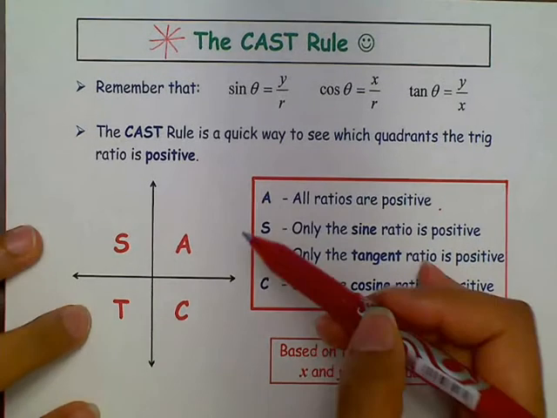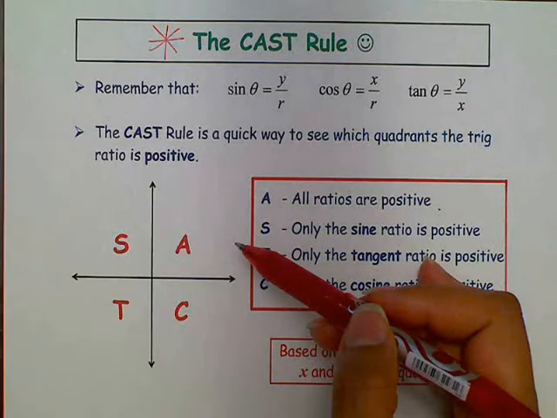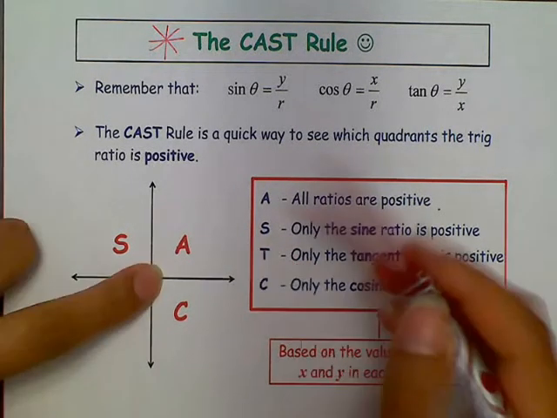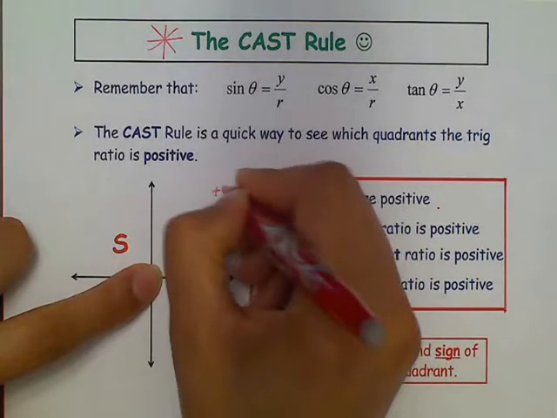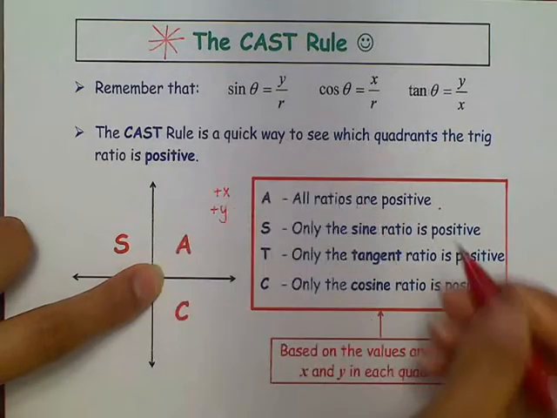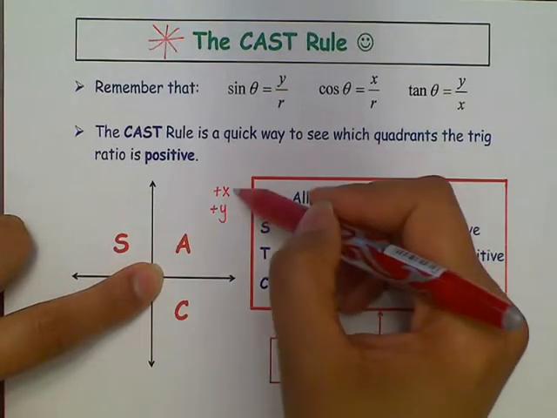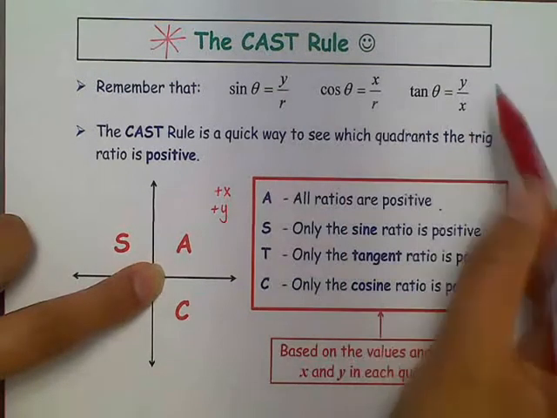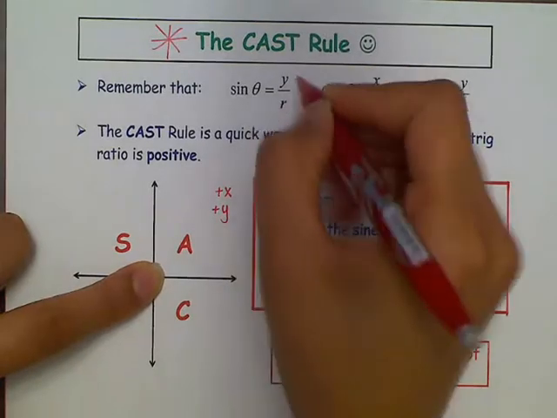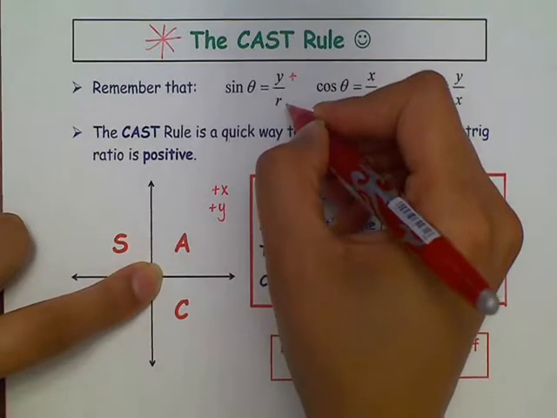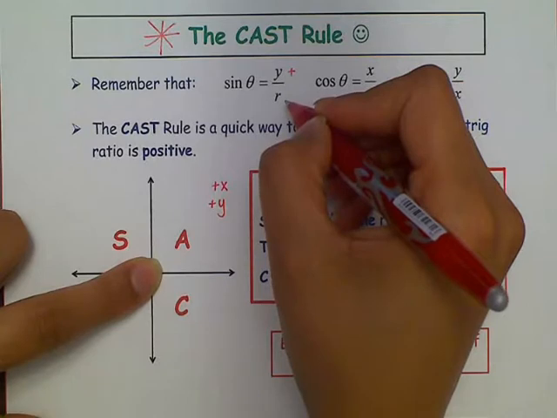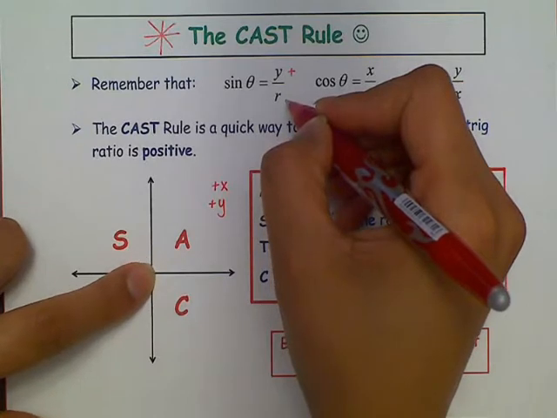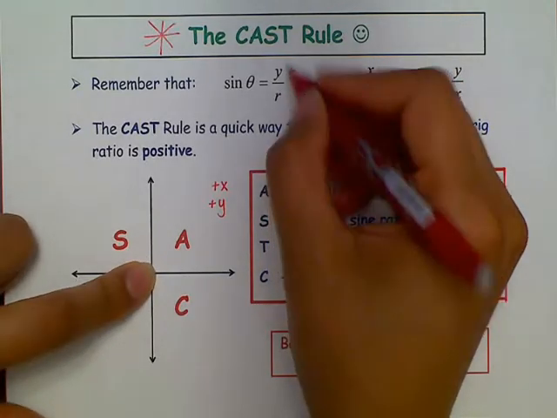Now, why does that happen? The reason is what the values of X and Y look like in each of these quadrants. For example, in the first quadrant, X is positive and so is Y. So if I plug in positive values of X and positive values of Y in each of these ratios, I get a positive number. R will always be positive because it's a radius, the distance between the center of a circle and the edge.